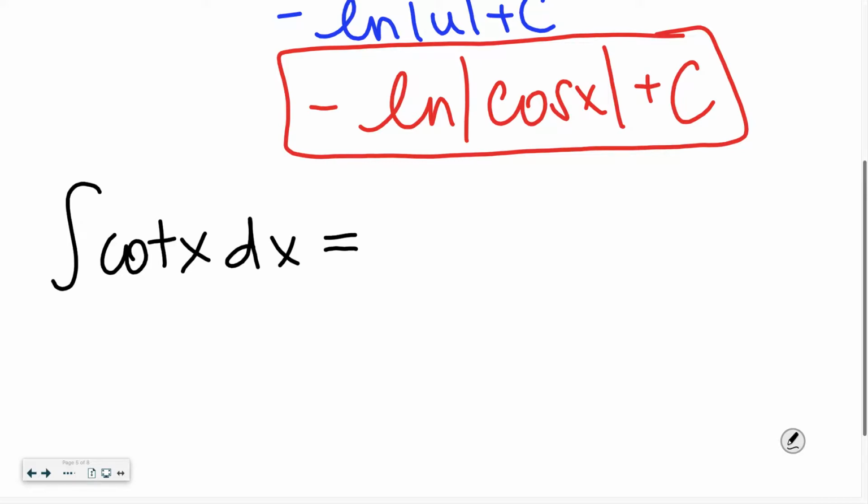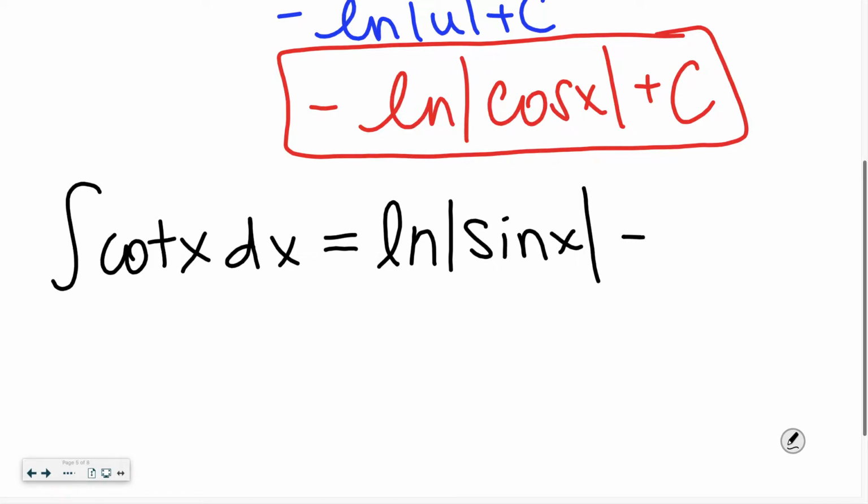The antiderivative is cosine of x over sine. Oh, did you want the answer? I had natural log of absolute value of sine of x plus c. Makes sense that they're related, right? You let u equal the sine of x and the same thing follows suit, except you don't have to worry about the negative. Okay? Two more examples.